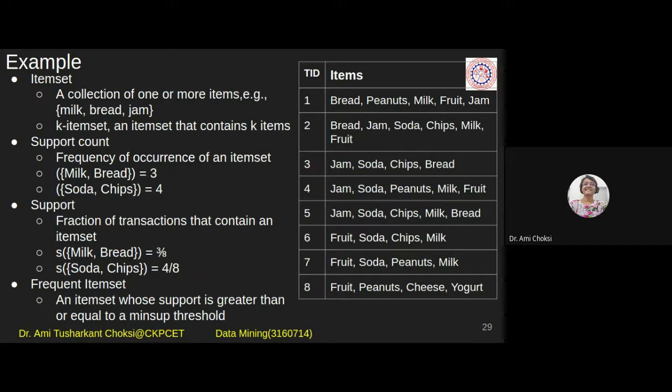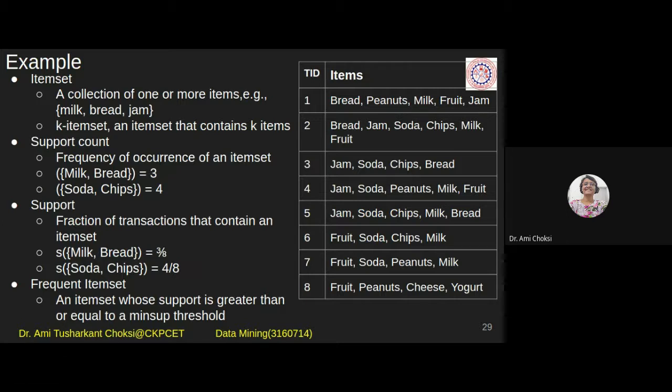Support means union count divided by total number of transactions, that is for the support. And only count, that means union count. Fine. Okay. So have the things in your mind. Same way, if we want to have for soda and chips, it is 4 by 8, right? 4 is the count and 8 is number of transactions, right? Now frequent item set means an item set whose support is greater than or equal to minimum support threshold, right?